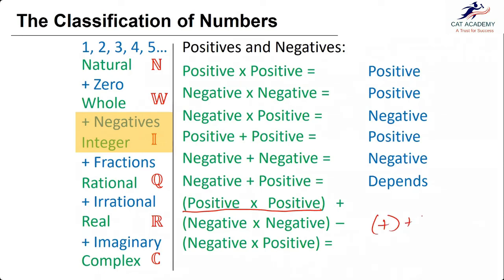Negative into negative is what? That is also positive. And then negative into positive is what? Negative into positive is negative, but I have a minus sign outside. So it's like minus negative. So can I say it's like positive, positive, and minus negative will again become positive? So overall, can I say it must be positive?